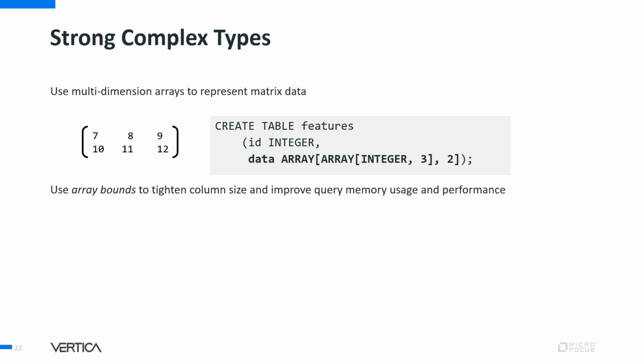This is a good practice in all situations, since it tightens the column size, which should improve memory usage and performance of queries and data loads. In this example, we have a 3x2 matrix, and so we turn that into a two-dimensional array with 3 elements of the inner array and 2 elements in the outer array.